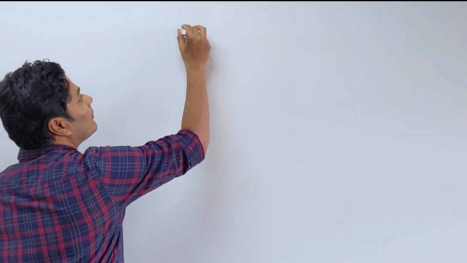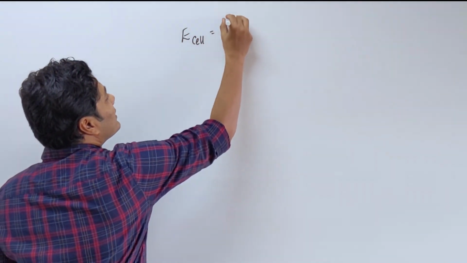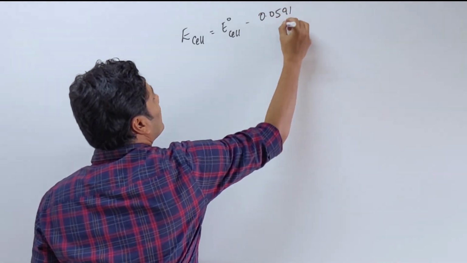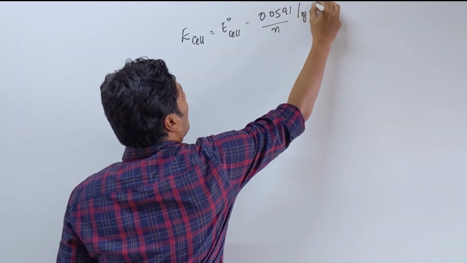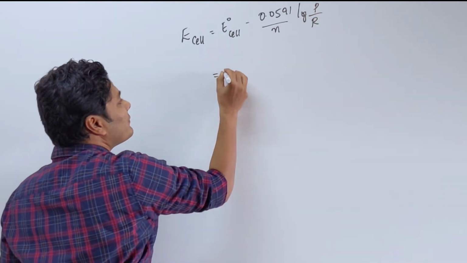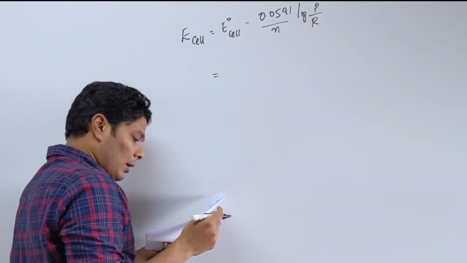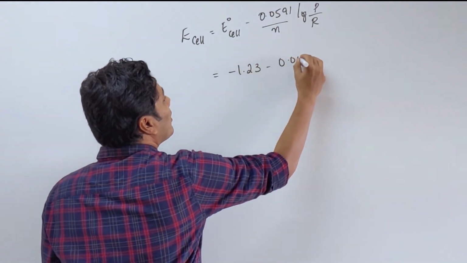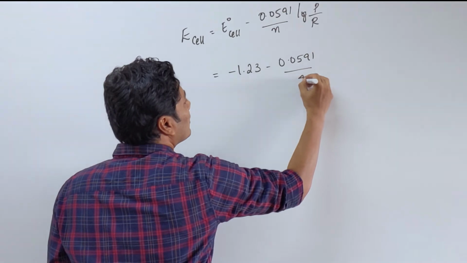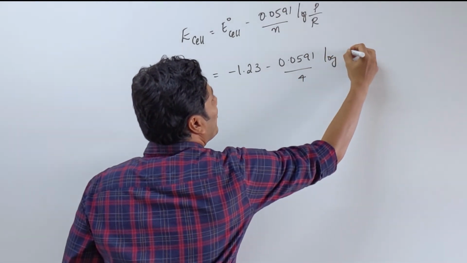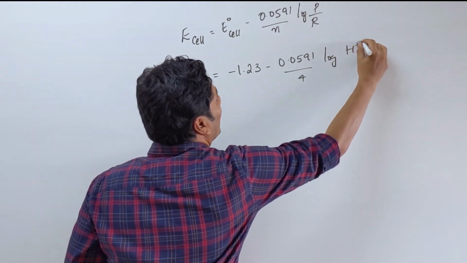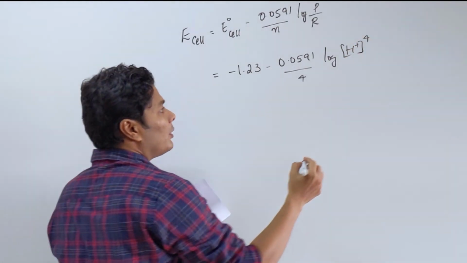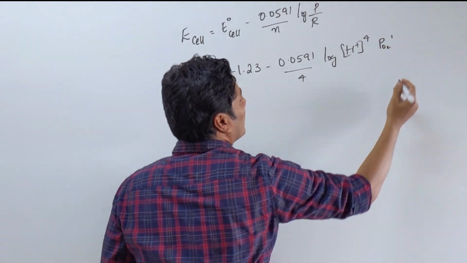So we have E cell equals E0 cell minus 0.0591 by N log of product over reactants. In our case, we have minus 1.23 minus 0.0591, oxygen means 4 electron, log of H plus to the power 4 and oxygen to the power 1.